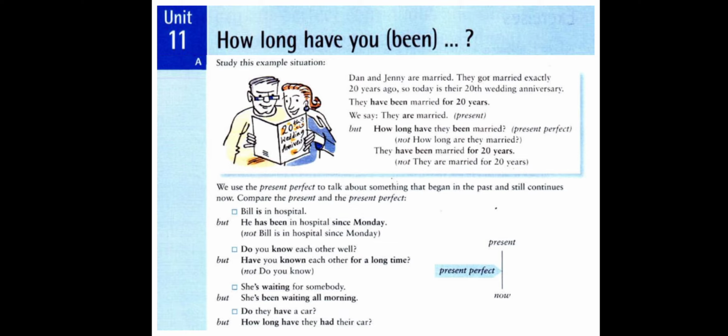We speak about the period covered by the action. They possessed the car 5 years back until now. So we say they have had their car for 5 years. From 5 years back until now. We speak about the period covered by the action possess, or the action have.